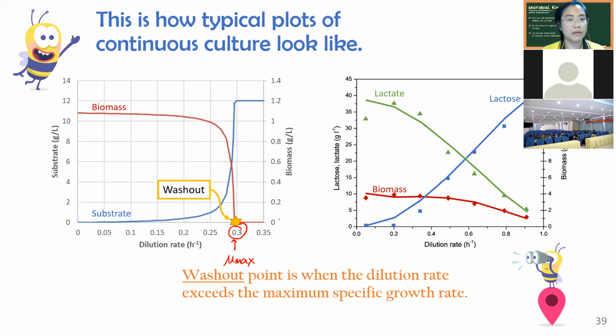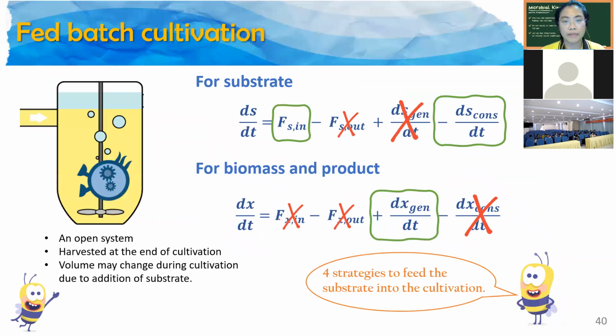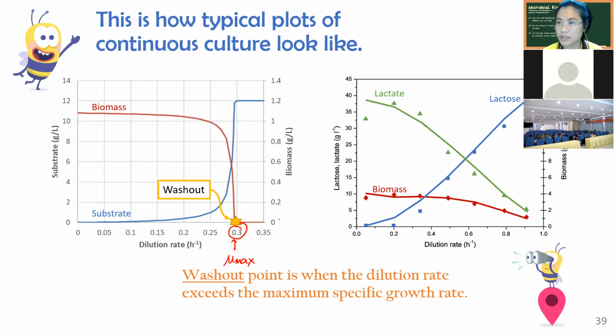So that is the main point for continuous culture. You should understand what dilution rate is. You should understand what happened in the continuous culture. You should understand that in continuous culture, the important point is a steady state.